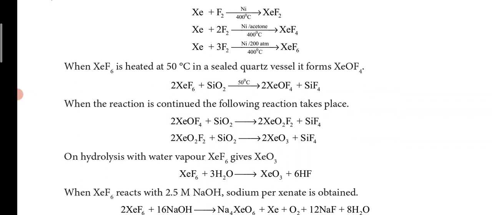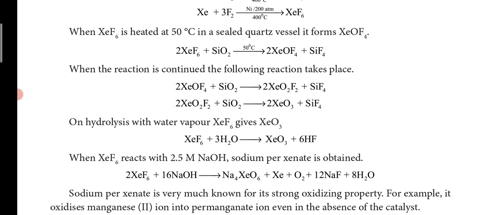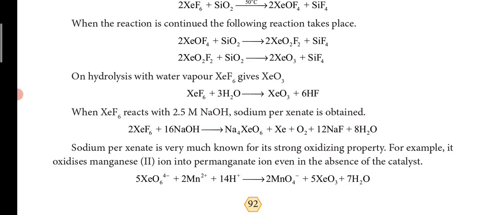It can also be reacted with sealed quartz, SiO2, to produce XeOF4, and this XeOF4 again reacts with the quartz to give different products. On hydrolysis with water, it will give you xenon oxide.